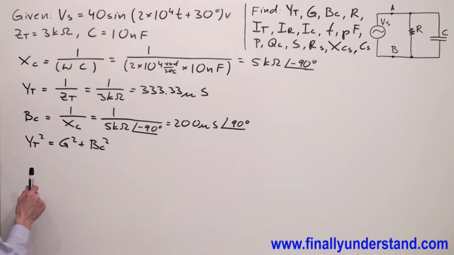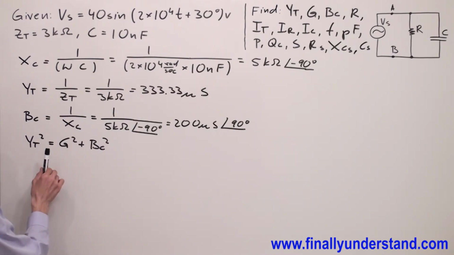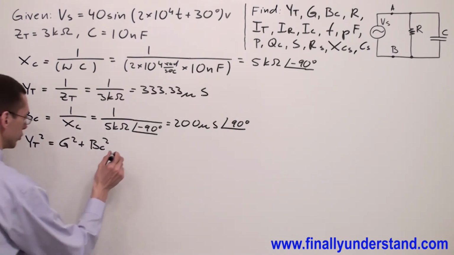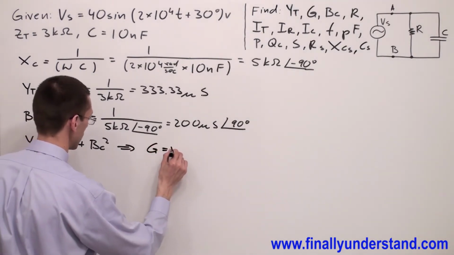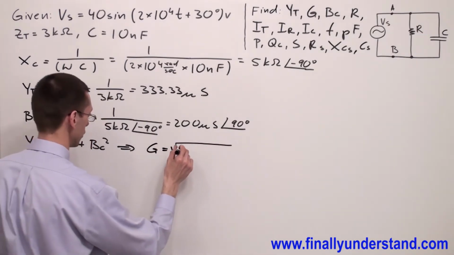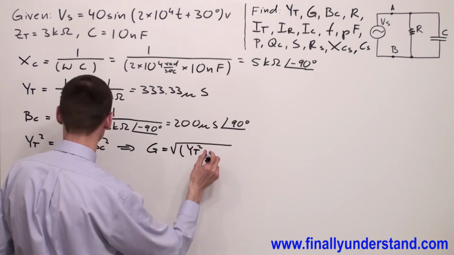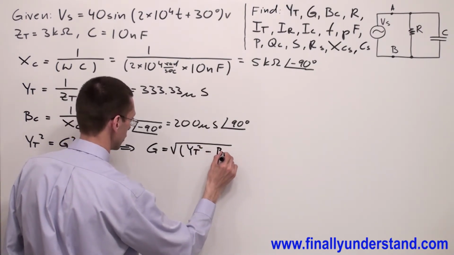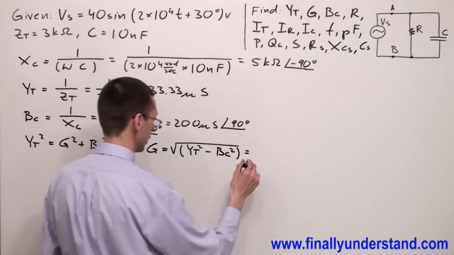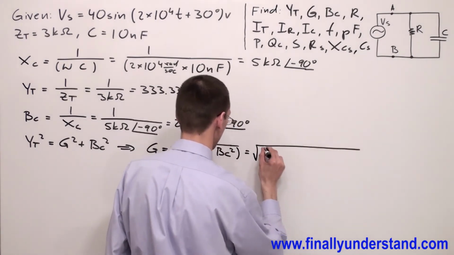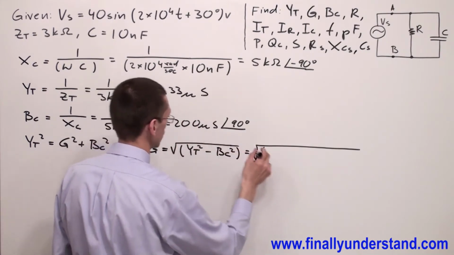So in order to find the conductance, I'm supposed to solve this formula for G. So if you are going to use algebra, you are going to have G equals square root of Y total square minus BC square.